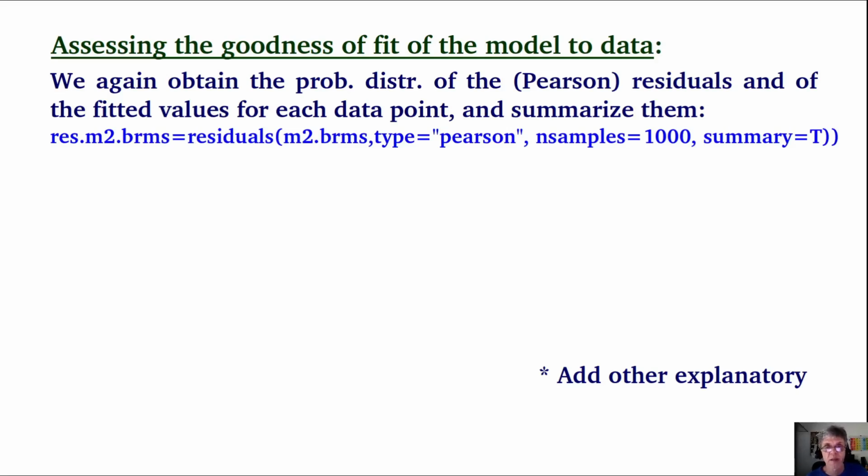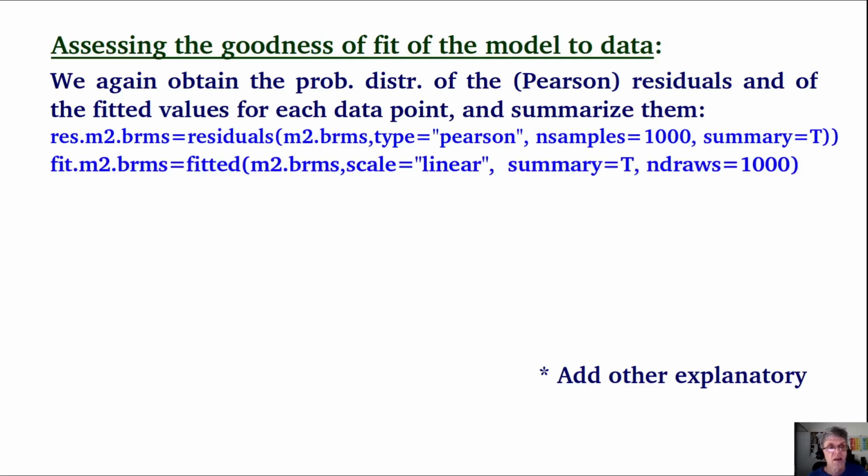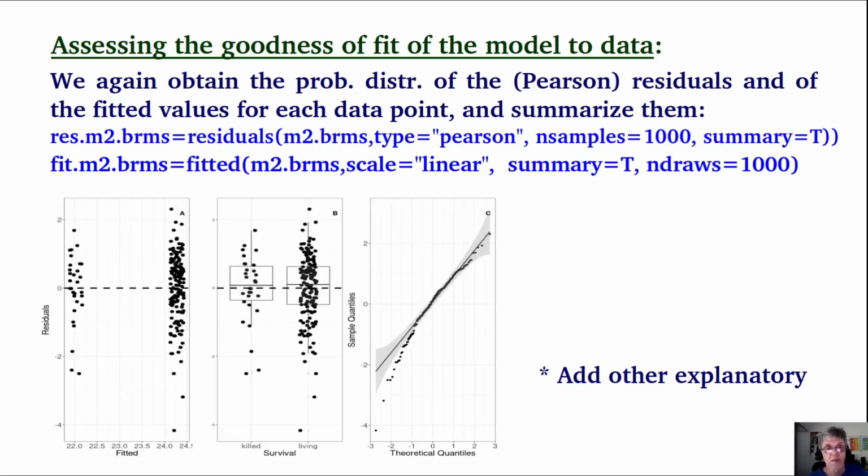This was explained in the previous video on simple and multiple linear regressions. Here is for the residuals, and here is for the fitted or predicted values. With these values and with the explanatory variables, we made the following plots.